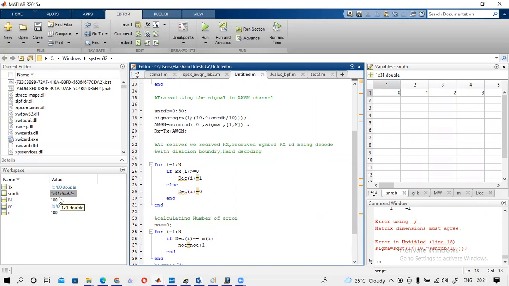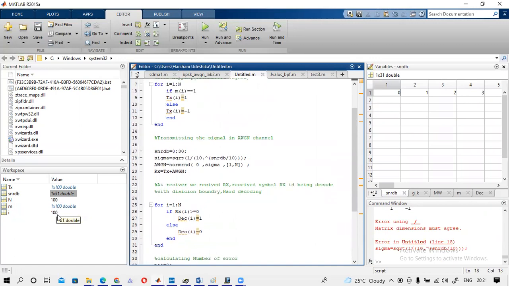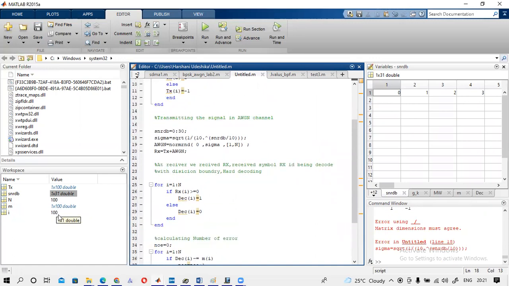Also, if I comment this, let's see. I comment this, now I'm going to find the error. So what is the problem here actually?